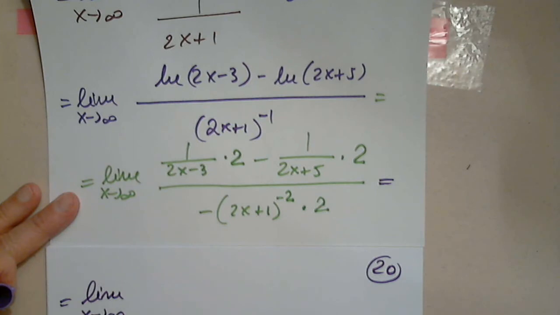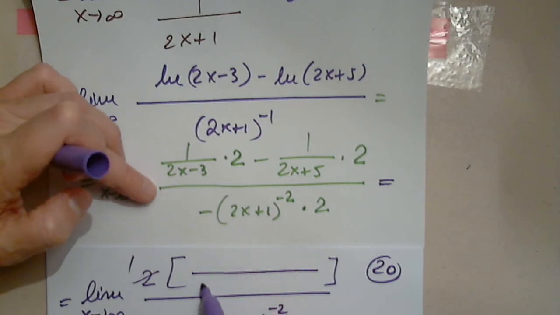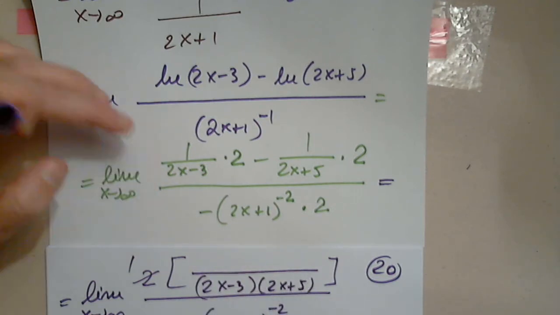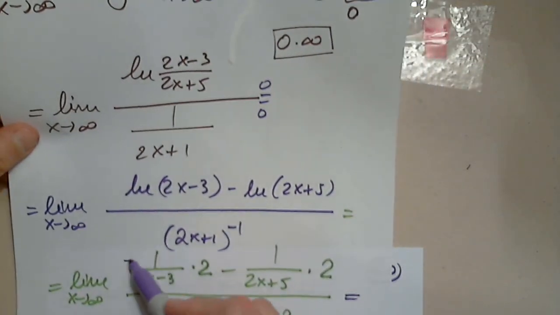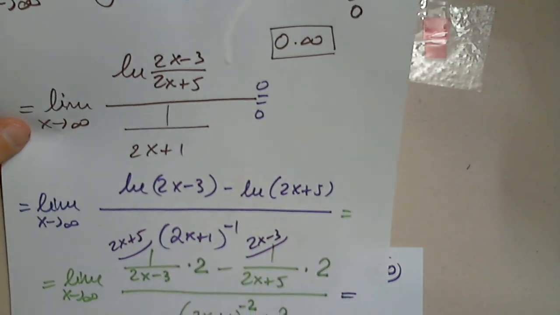Limit as x approaches infinity. So 2, find the least common denominator in the numerator, is the product of 2x minus 3 and 2x plus 5. This piece needs a 2x plus 5 and this piece needs a 2x minus 3.